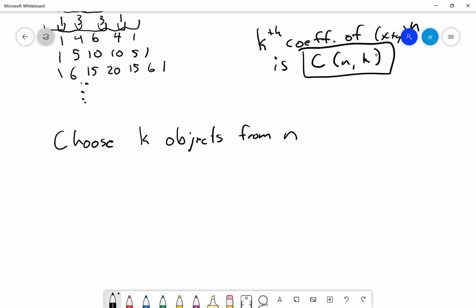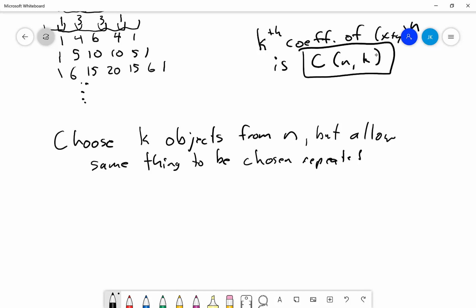You can prove why this is the case, but you want to choose k objects from n, but allow the same thing to be chosen repeatedly. So if we were just choosing k objects from n, that would be C(n, k), but this is going to be C(n + k - 1, k). Okay, that's what that value is.